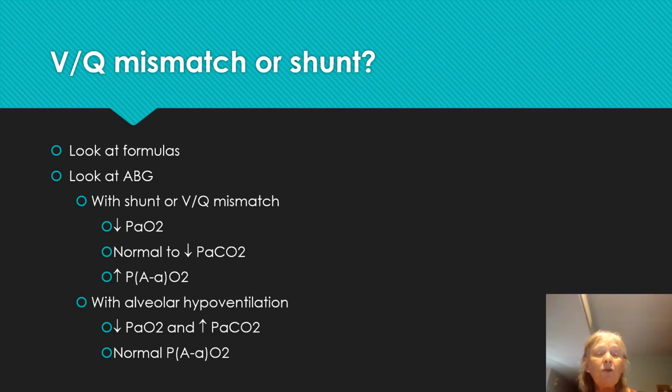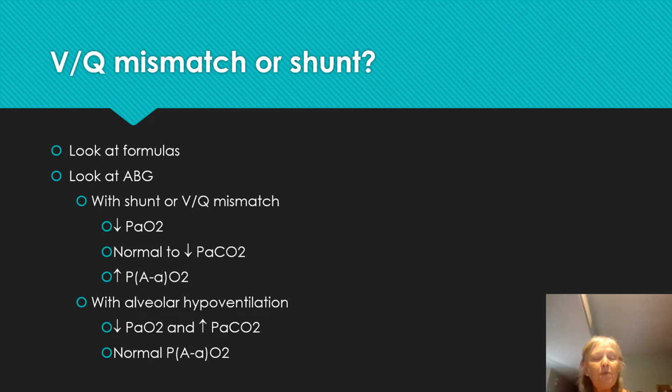But we will see an increase in our A to A gradient, okay? And there's a new term in town for A to A gradient. It's called the A to A difference, the alveolar arterial difference. That's pretty descriptive because we're looking at the difference between the amount of alveolar oxygen that's available and the amount in the arteries at this particular point. Because we're having poor gas exchange, that's going to get larger and larger and larger.